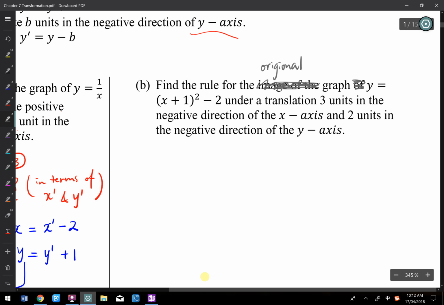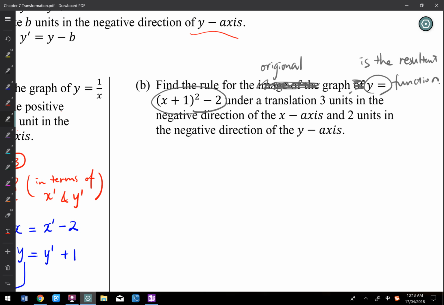The resultant function is given, and the transformation is listed. So I want to revert. I don't know what the original is, but I know what the transformation is and what I end up with.